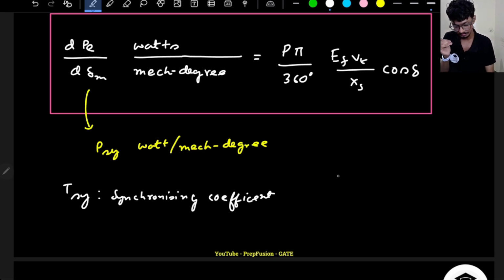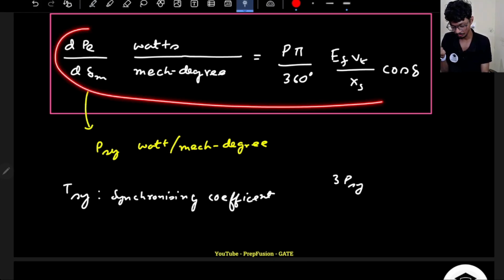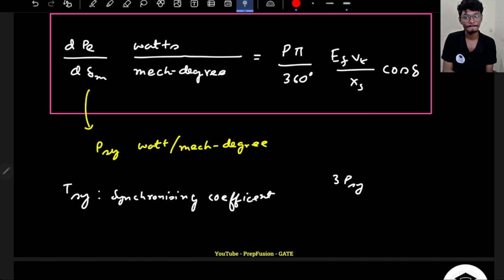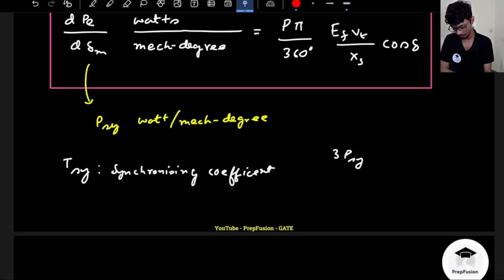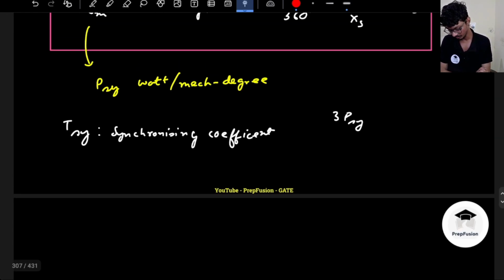If it's a three phase system, the power will be 3 into PSY, because PSY here is a per phase quantity. So if it's a three phase quantity, I have to divide it by per phase. I hope that is clear. Synchronizing torque coefficient again will have 2 units.